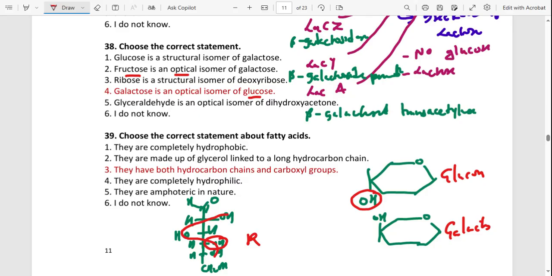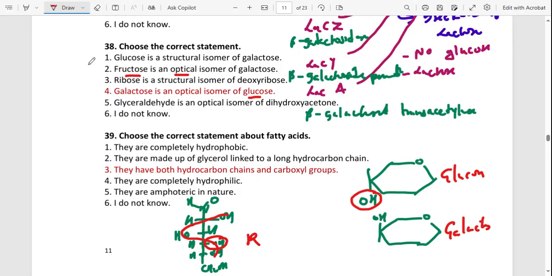Okay, so from what we've said, of the options that we have, none of them is even correct here, because galactose and glucose are supposed to be stereoisomers and not what is here. Those are stereoisomers because they only differ in the arrangement of atoms in space.